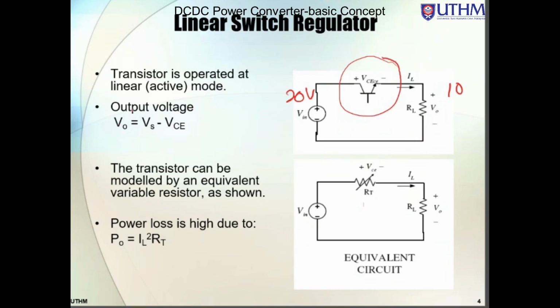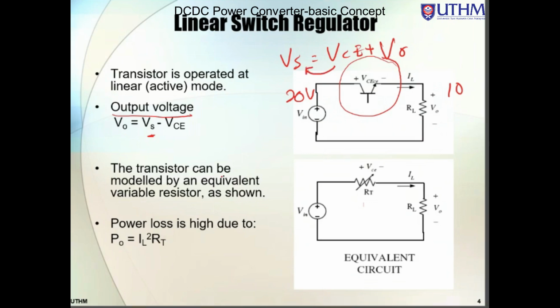So that's the concept of DC to DC. And then in terms of the output voltage, we can get the V out is equal to input V in or Vs here, minus VCE. So that means Vs is equal to VCE plus V out. So that means V out is equal to Vs minus VCE, if we move the VCE to the other side.